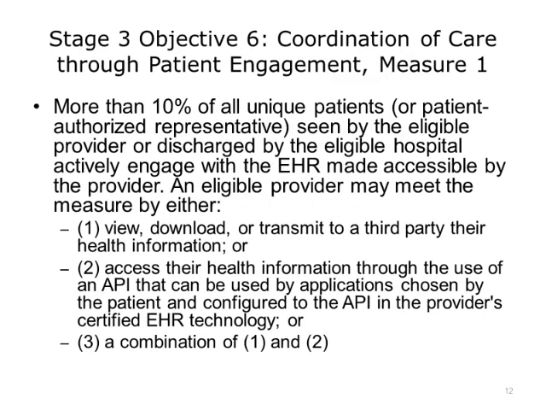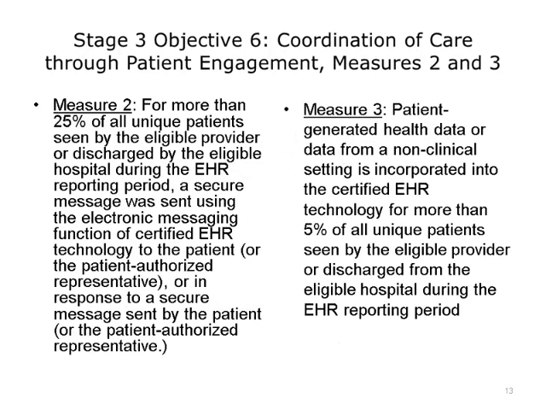Objective 6 is also about patient engagement. It is called Coordination of Care through Patient Engagement. It consists of 3 measures. For the first one, the patient must either view, download, or transmit their information, or access their health information via an API. More than 10% of unique patients must actually use these functions. The second measure of Objective 6 requires that greater than 25% of patients must receive secure messages from their provider.